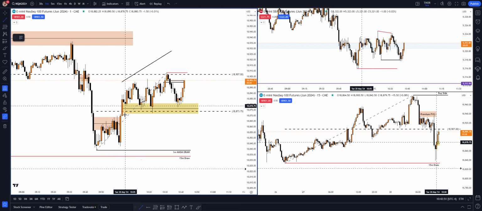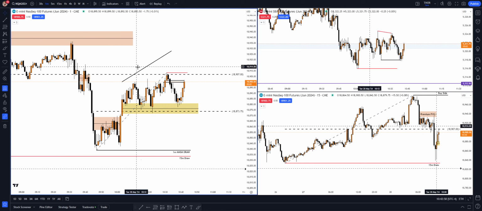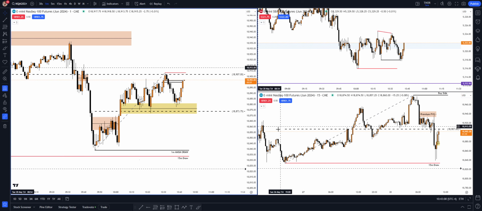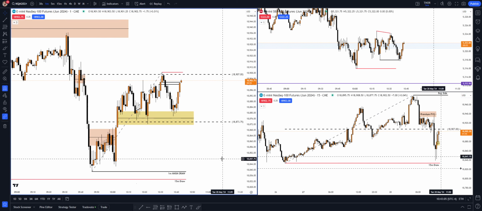I don't know what it's called, but broadening something. So as time goes by, I'm losing my interest in this price action more and more.